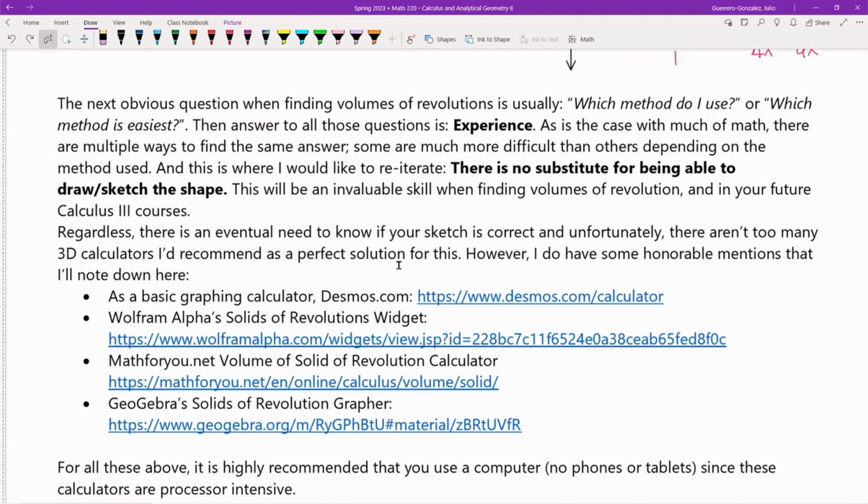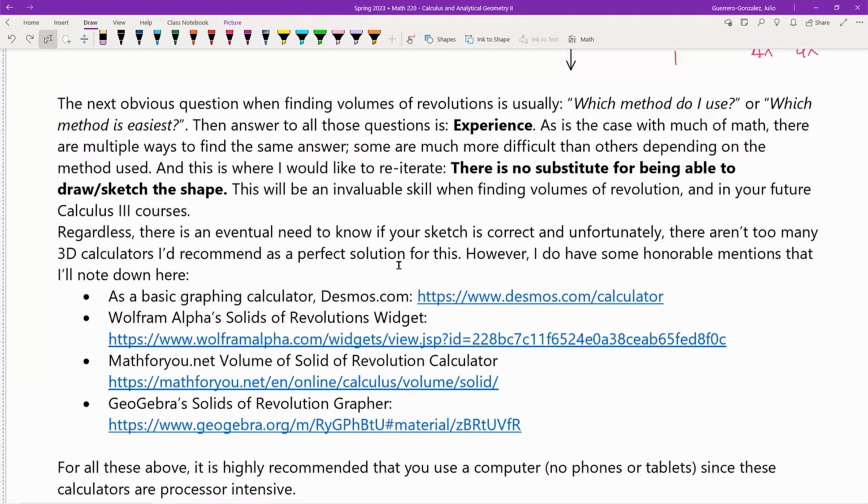Now, the other thing that I want to provide at least some direction for is how do I know if I'm sketching my shape correctly? Unfortunately, there's not very many 3D calculators out there that will actually do the calculation for you. There are a couple that will at least give you something that may show a shape.